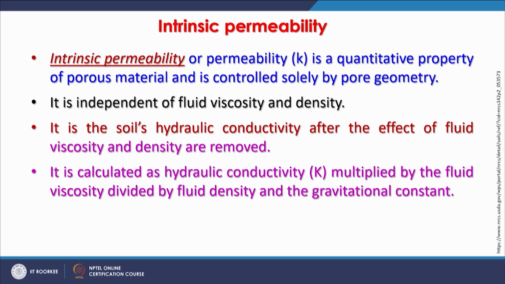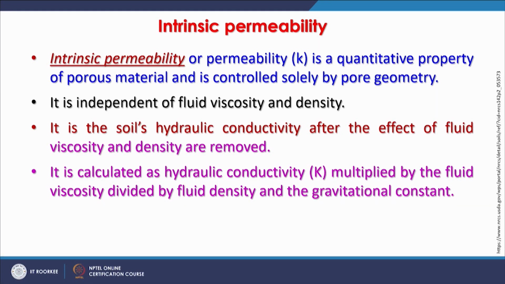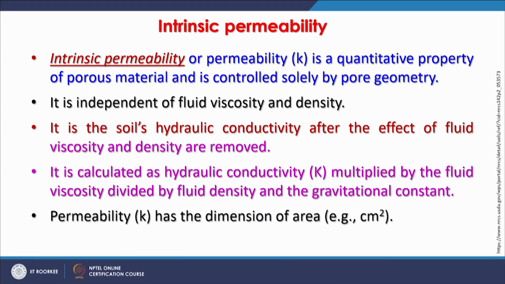Here it is the character of the rocks rather than the fluid. So, the varying characteristics of the fluid, that is the viscosity and density, are removed in the calculation. It is calculated as conductivity K multiplied by the fluid viscosity divided by the fluid density and the gravitational constant.